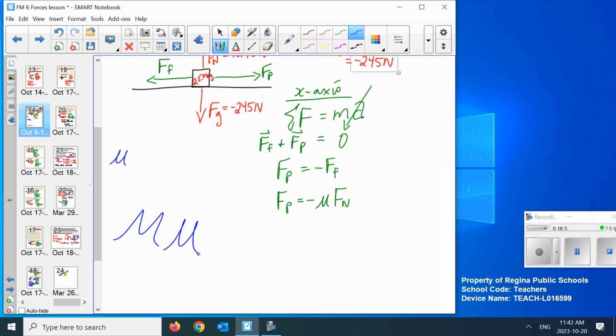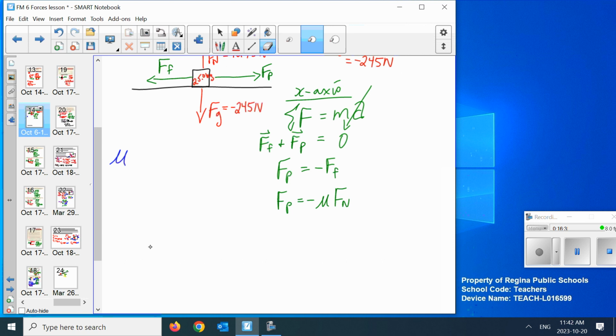Okay, we would have to look up the mu value for wood on wood. And for kinetic friction, movement friction, it is 0.2. That's a value that has to be given, or else you have to figure it out in the problem.